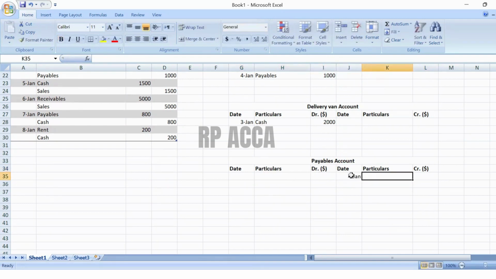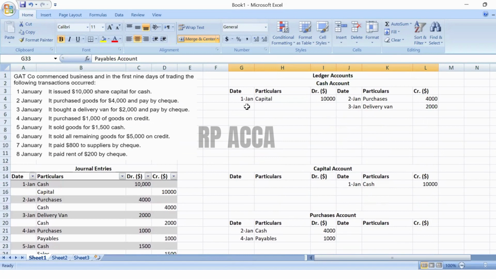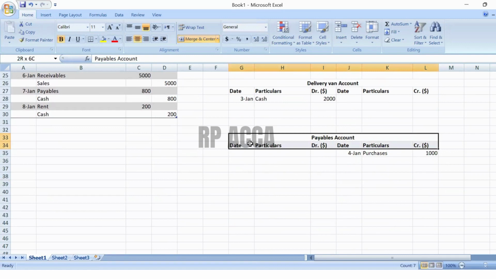I think now you're getting a gist of how ledger accounts are prepared. Okay, let's move on. It's a cash sales. We will debit it in the cash account and name it as sales. And let's create sales account and credit it in there.